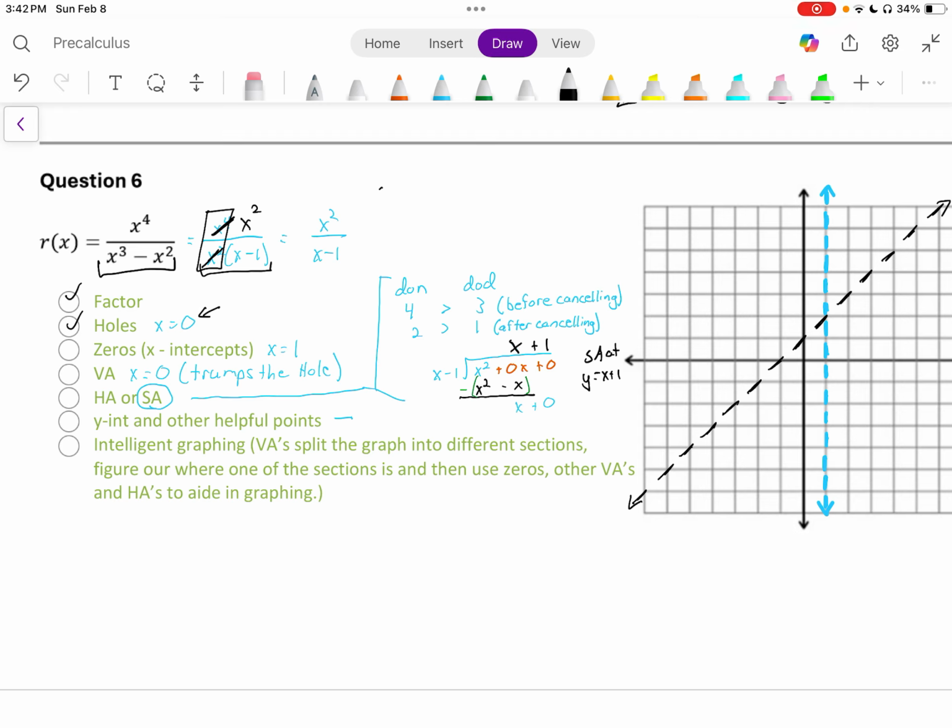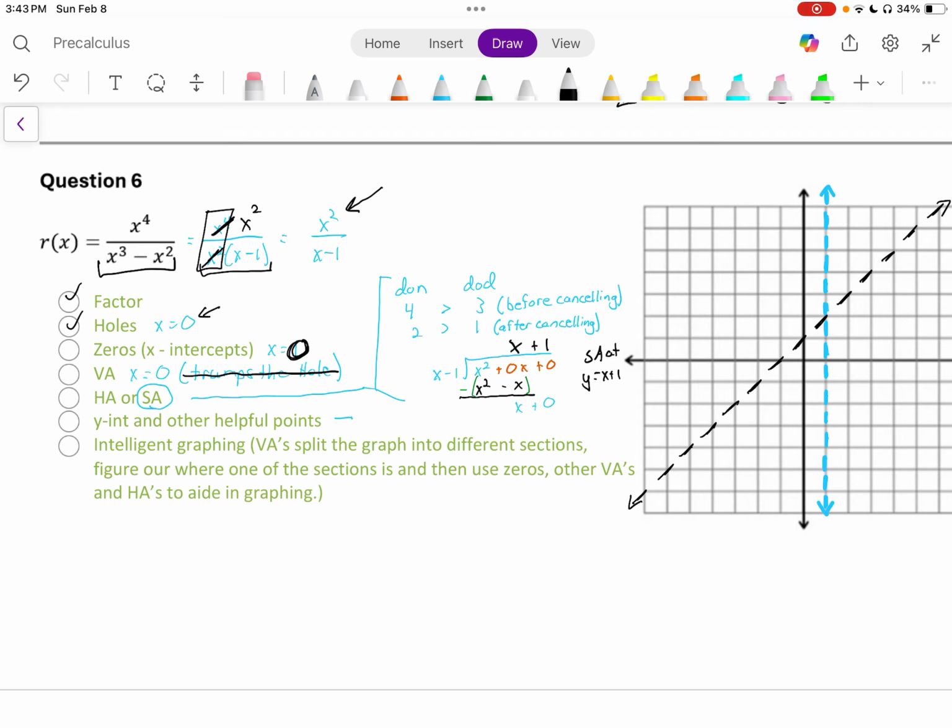So factors, holes, zeros. Zeros are values that make the numerator equal 0. So x equals, I have this mixed up, x equals 0. So this isn't actually right. x equals 0 is a 0. Now, as we get there, we're going to graph this.